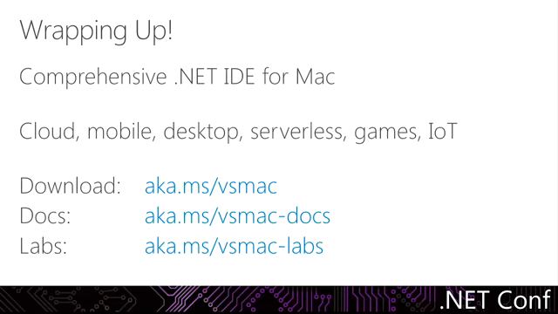You can write Mac desktop apps with Xamarin.Mac, and you can write IoT. You can use it both for more serious IoT devices like the Pi, or even for tiny embedded devices like the Netduino, and also for games with both Unity and Unreal Engine.